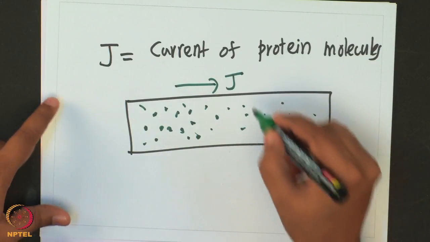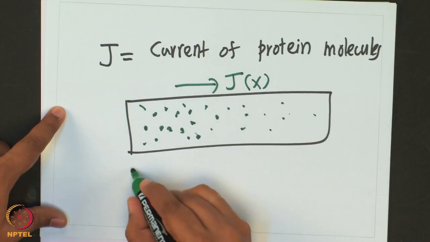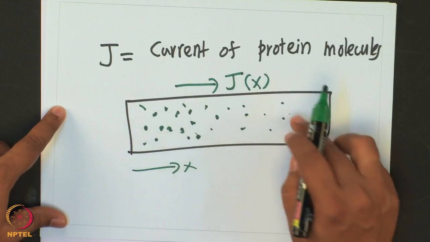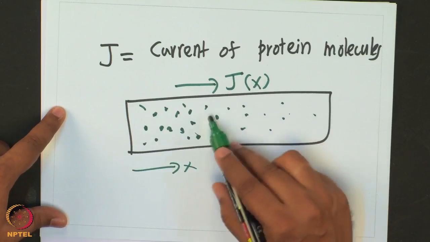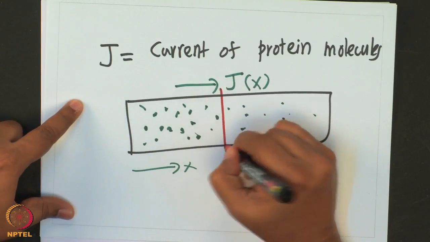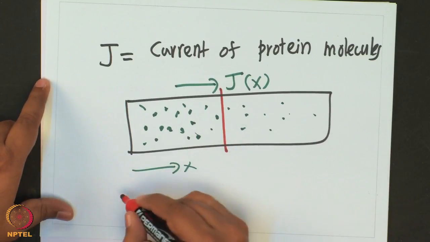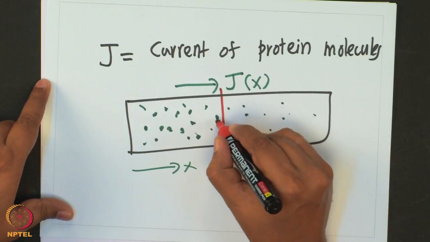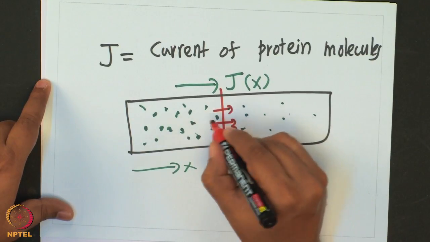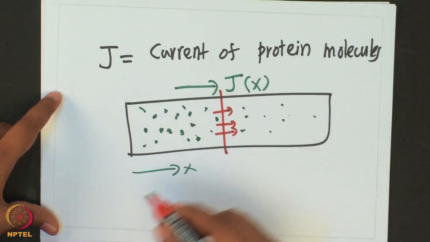The first thing to understand is that J is a function of x, where x is the distance along this axis. Depending on the concentration difference, there will be a flow difference. Now, to understand this flow, let us take one point of interest, x. What is the flow here? Flow would mean the number of particles crossing this line.